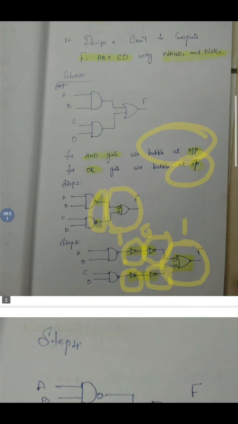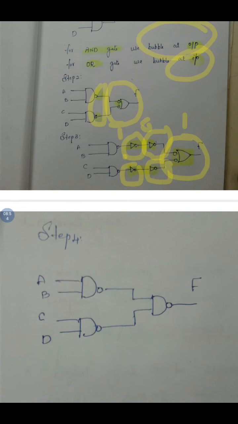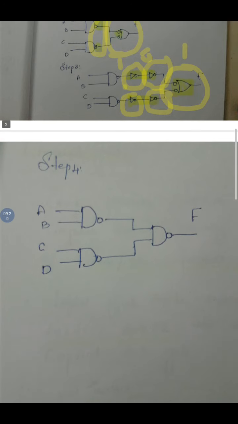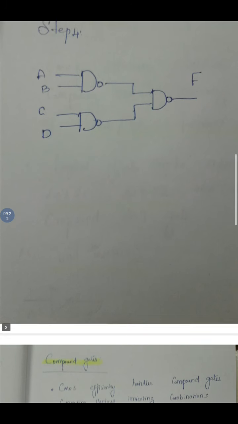So instead of using this inverted input OR gate, I can replace it with another NAND gate. So now my circuit has completely turned into NAND form, NAND function. Okay, so this is what we require now. Because using the bubble pushing concept, we have to convert the AND and OR functions into NAND functions. So finally we have got all the functions in terms of NAND. So this is all about the bubble pushing concept.